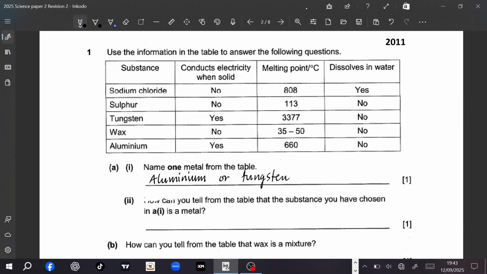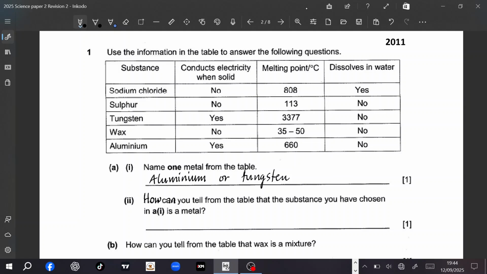Then they say here, Roman numeral 2, how can you tell from the table that the substance you have chosen in A is a metal?